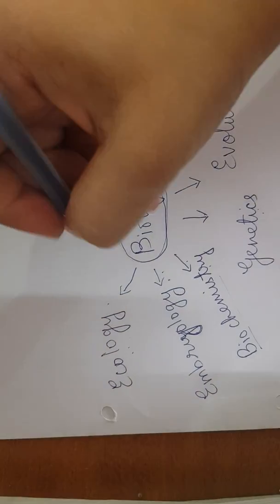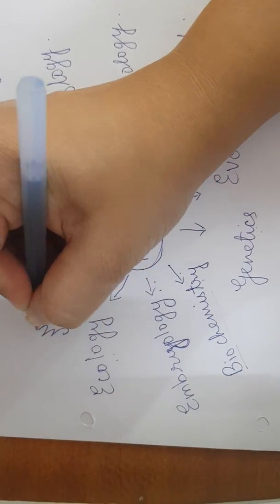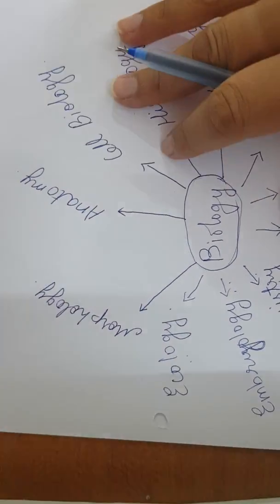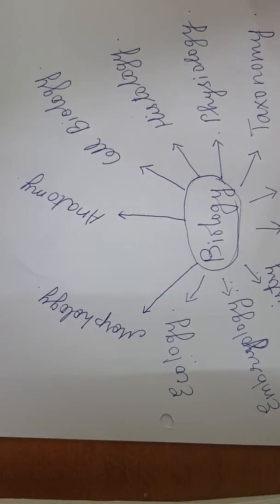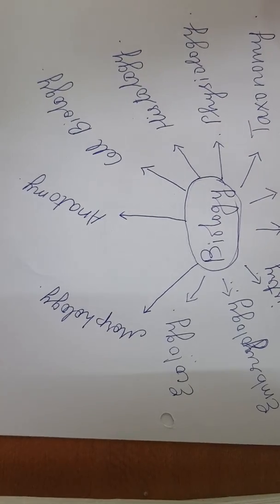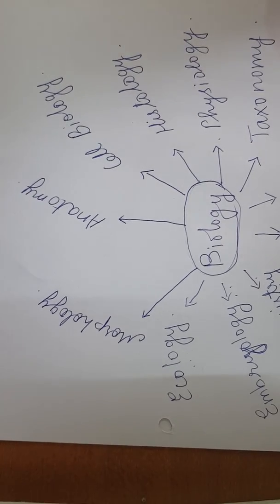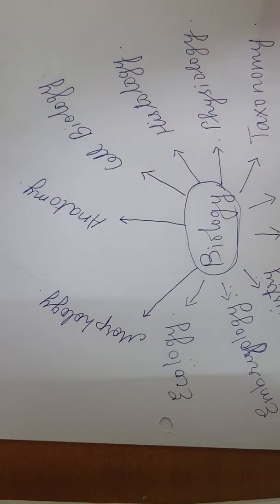Then we have one more subject which is known as morphology. Children, morphology is nothing but the external features of any living organism. Say for example, human beings have skin and their body is covered with hairs, they have two eyes, a nose.